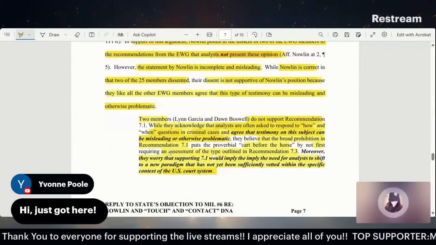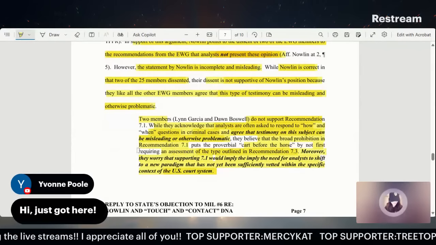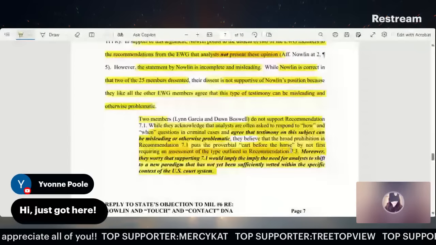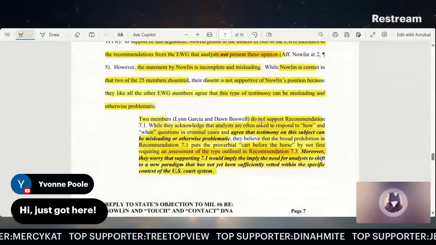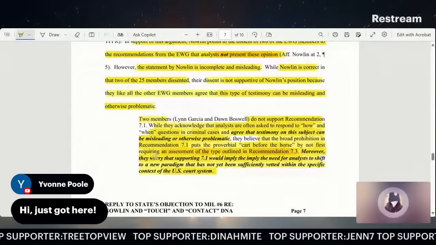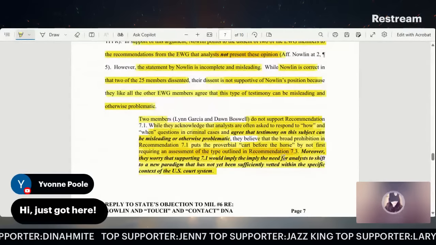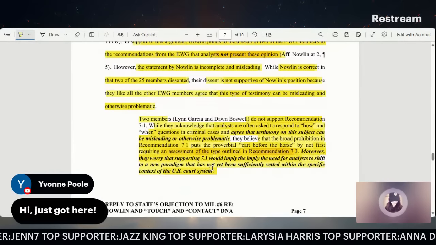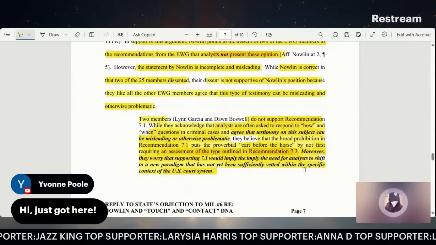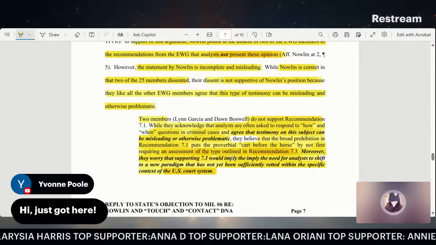So first, they require an assessment of the type outlined in 7.3. Go to 7.3 first, right? And moreover, they're worried that supporting 7.1 would imply the need for analysts to shift to a new paradigm that has not yet been sufficiently vetted within the specific context of the U.S. court system.